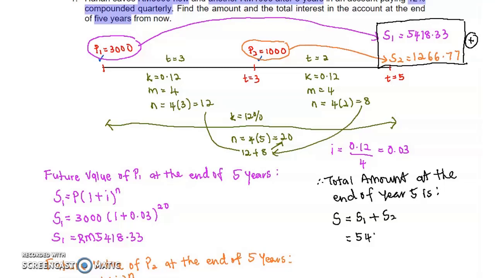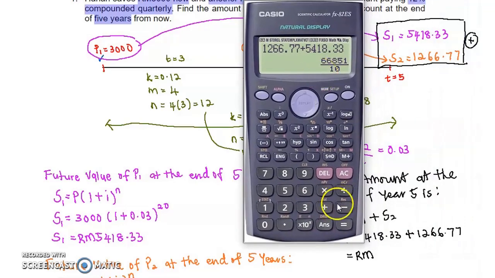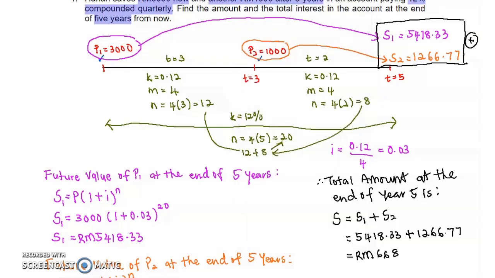So 5418.33 plus 1266.77 is 6685.10. So find the total interest.